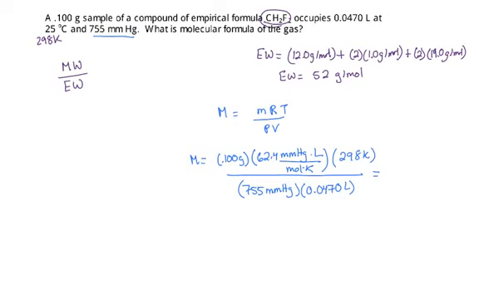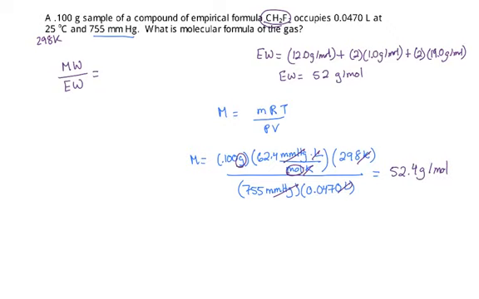If you calculate that, let's check our units here. See, liters will cancel with liters, Kelvin cancels with Kelvin, millimeters of mercury cancels with millimeters of mercury. You end up with grams per mole, which makes sense since it's molar mass. And you get 52.4 grams per mole. So now back to our comparison between the molecular weight and the empirical weight.